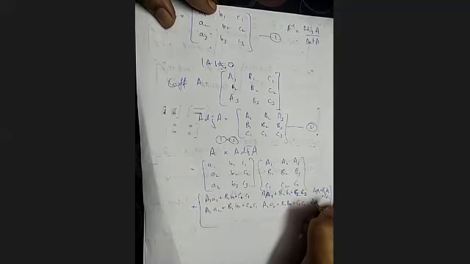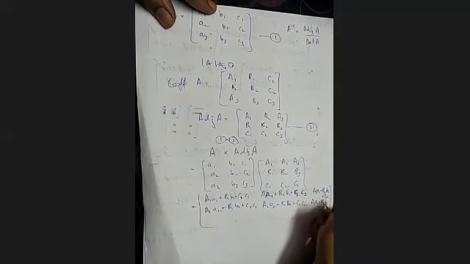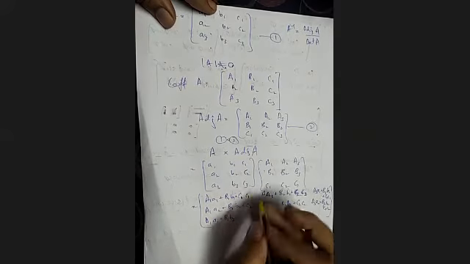Then row into column, that is A3, A2, so capital A3, small a2, plus capital B3, small b2, plus capital C3, small c2. Then row into column, so A1, A3, capital B1 small b3 plus capital C1 small c3.